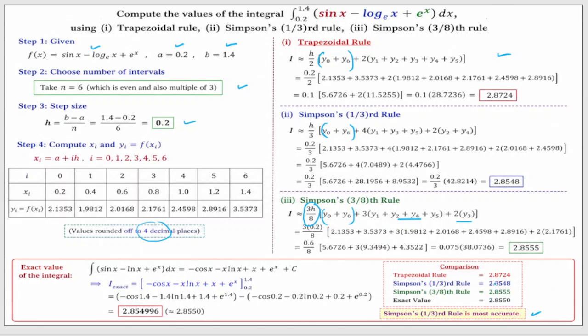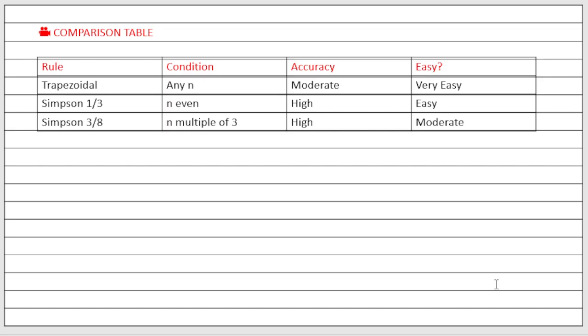When to use Simpson's and when to use trapezoidal, the comparison table is here. Condition: if there is a condition on n, suppose n is an even number, we have to use Simpson's one-third rule. And suppose n is even as well as a multiple of 3, like 6, it implies that we can use both the rules.